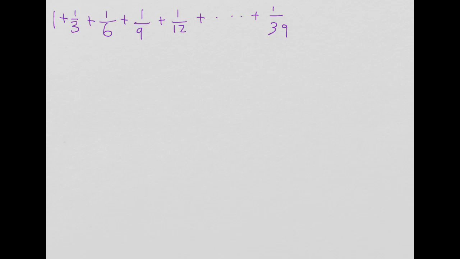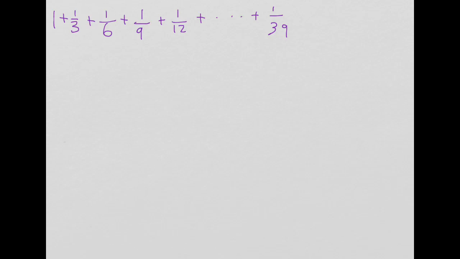It's not geometric either, though, because 1 times 1/3 gives you 1/3, but 1/3 times 1/3 gives you 1/9, which is not our next term. So it's not arithmetic, and it's not geometric either.